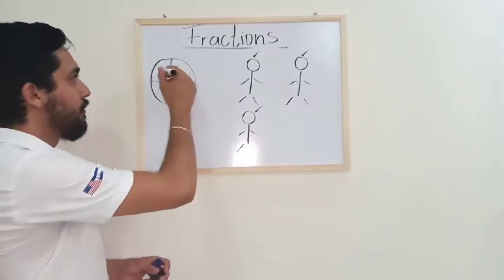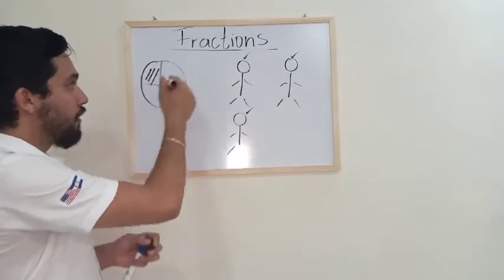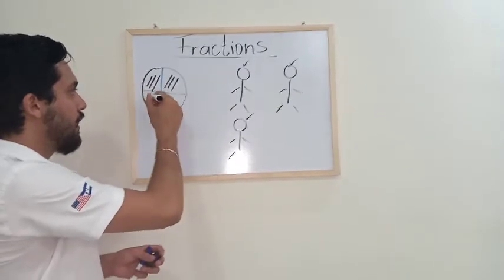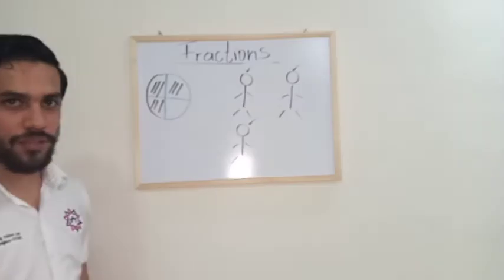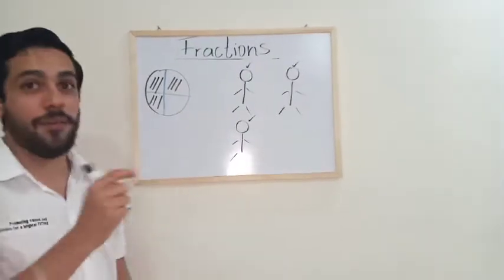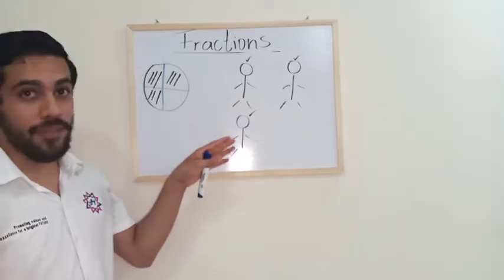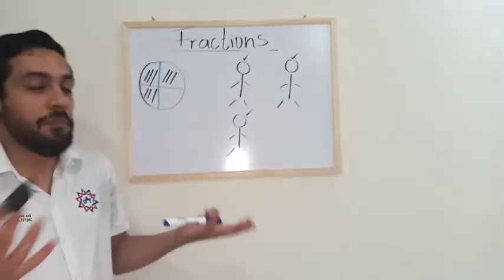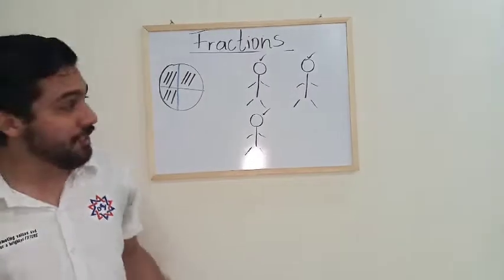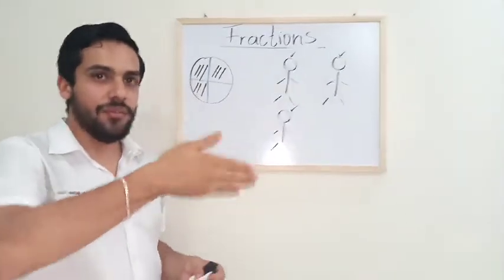All right, so this part was taken, this part was also taken, and this part was also taken. So if you can see, this is the only part of the pizza that was left. All right, because there are only 3 people, then it means that this piece was for, I don't know, somebody else, right? And this is what a fraction is when we divide something into smaller pieces.